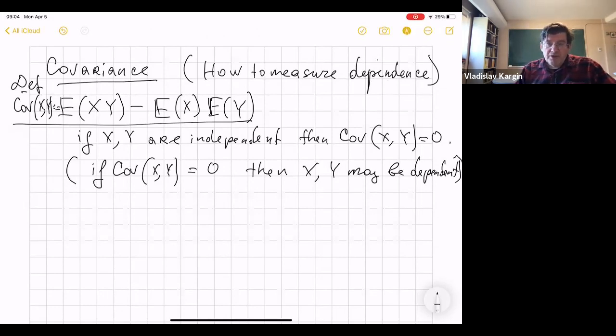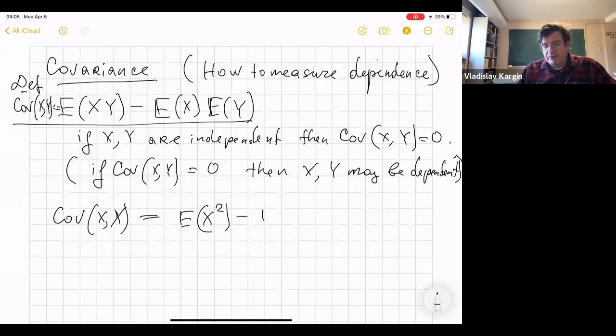But it's a useful measure. One fact why it's useful is that it's also related to something we learned before about the variance. If you measure the covariance of a random variable with itself, it should be different from 0. Well, X depends on itself, right? So by definition, it's E of X multiplied by X, so E of X squared minus E of X multiplied by E of itself.